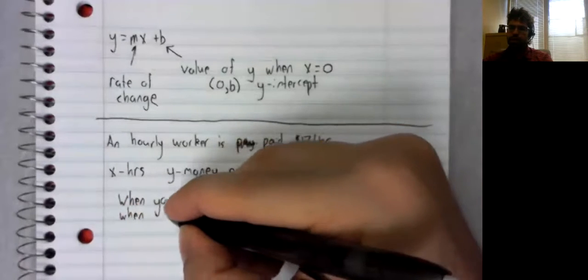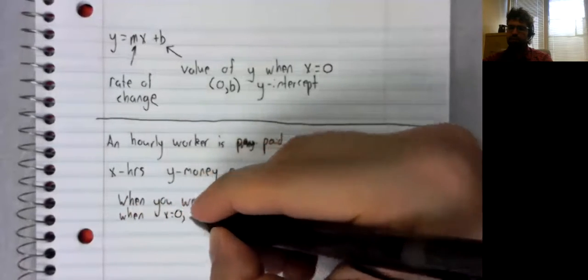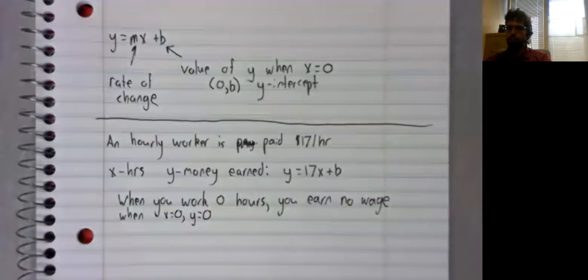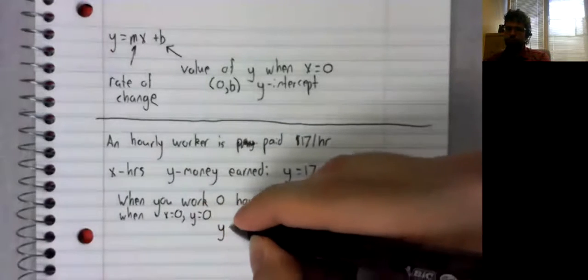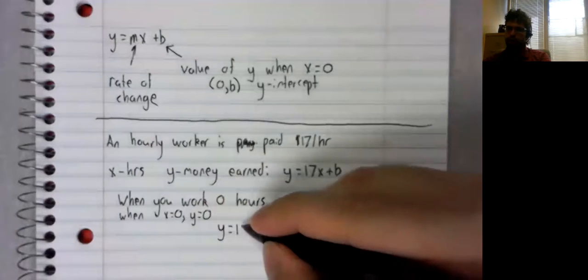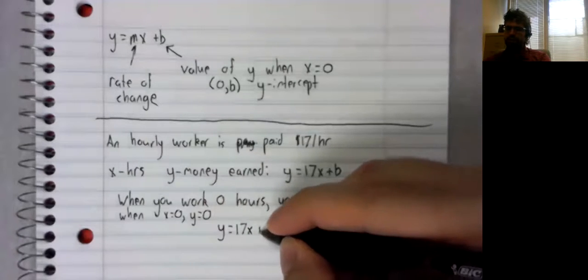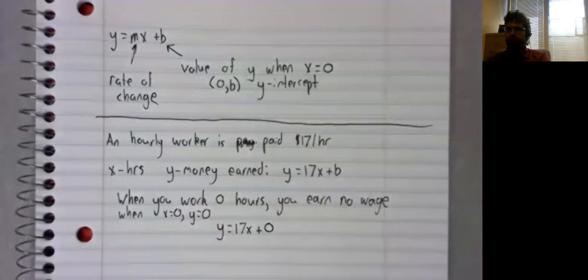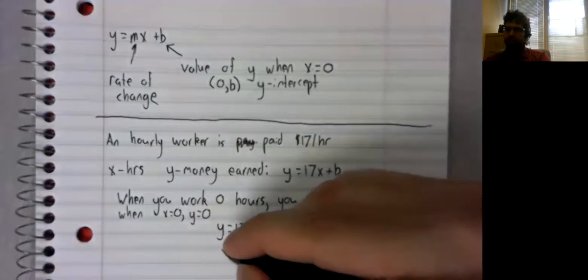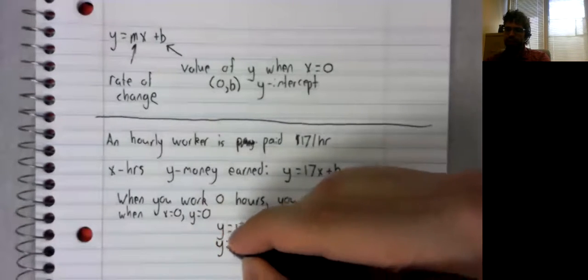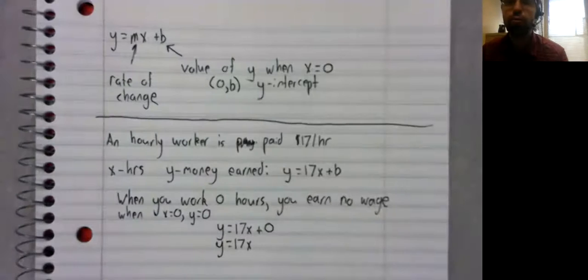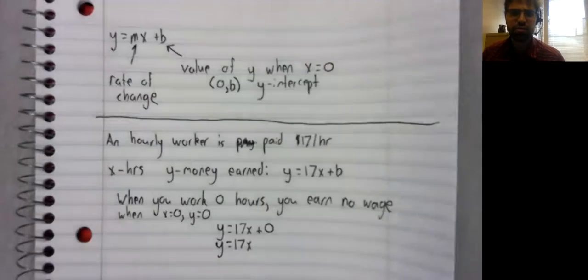So when x equals 0, y equals 0, and y equals 17x plus 0. And of course, addition by 0 doesn't do anything, so we can just write y equals 17x.